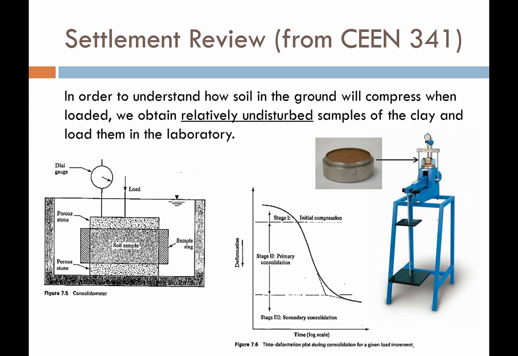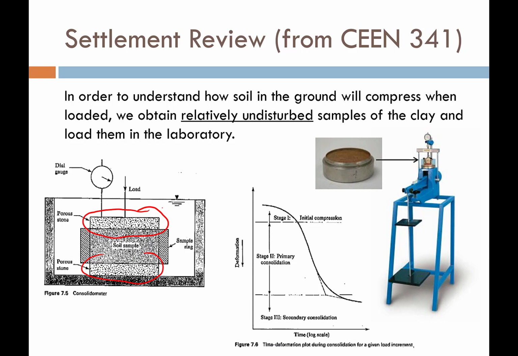So the consolidation test just applies a piston to the top of the soil. If I take a cross section of what that ring looks like, here's the ring, here and here. So we just cut the ring in half basically. And here's the soil in the middle of the ring. We place some porous stones on the top and the bottom of that ring with the soil in it.